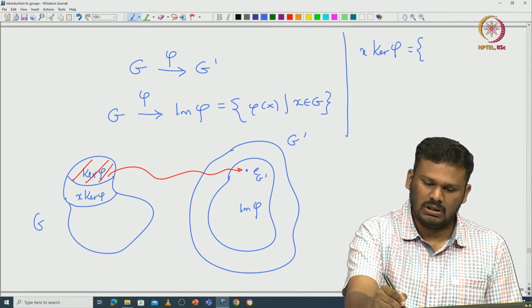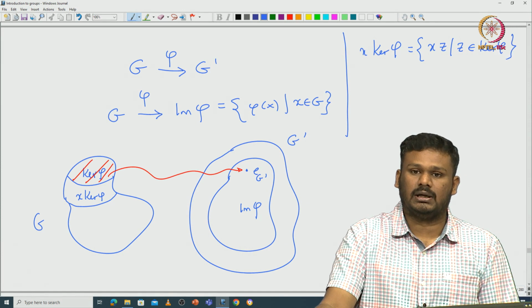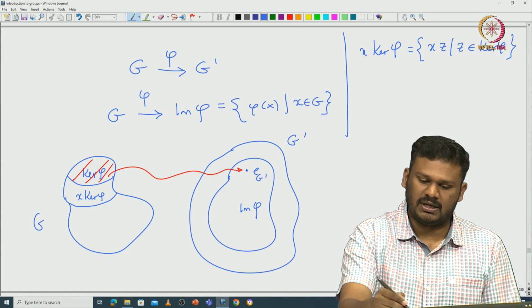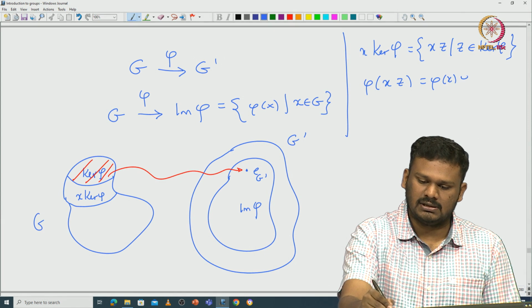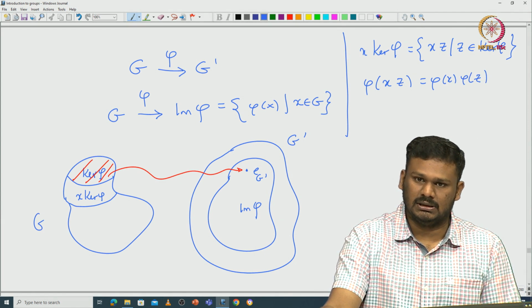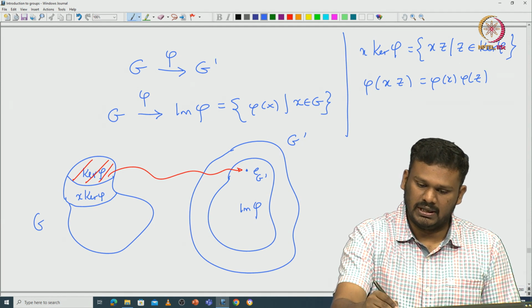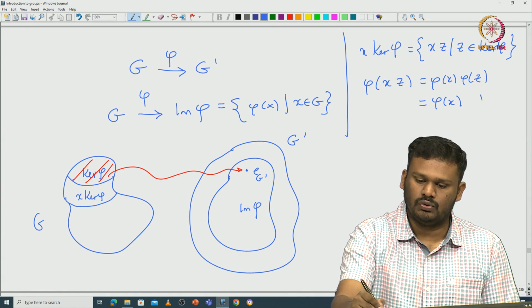This is X times Z, where Z comes from the kernel of phi. Let us take a typical element and compute. Phi of XZ is phi X times phi Z, but phi Z is the identity because Z comes from the kernel. So this gives exactly phi X, and this is true for all Z inside the kernel of phi.